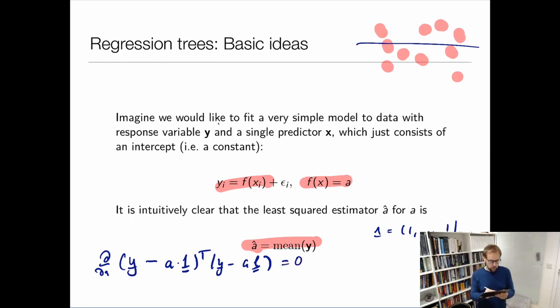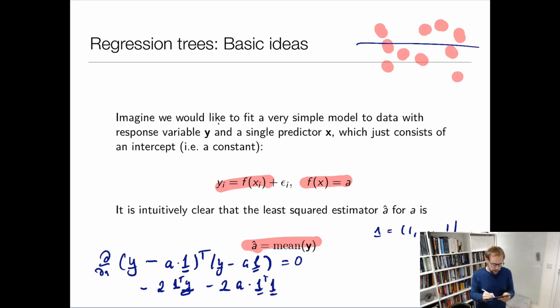So if we do that, we will get something like minus 2 times 1 transpose times the y vector, and then minus 2, and here I have a times 1 transpose 1.